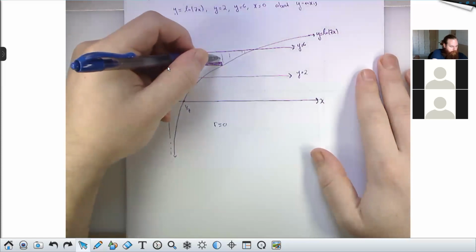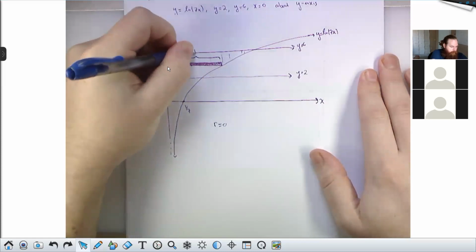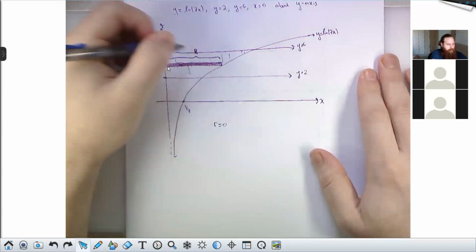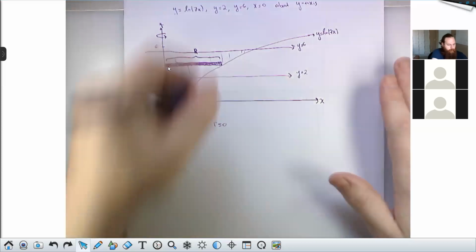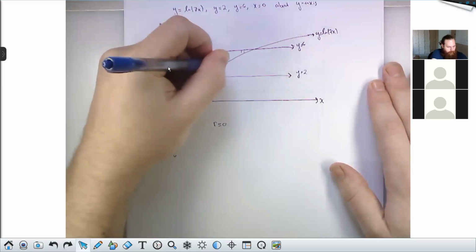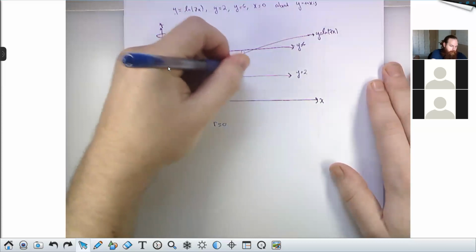Big R is the distance from the far end of the strip to the axis of rotation. That's this. And this point right here is x comma ln of 7x.